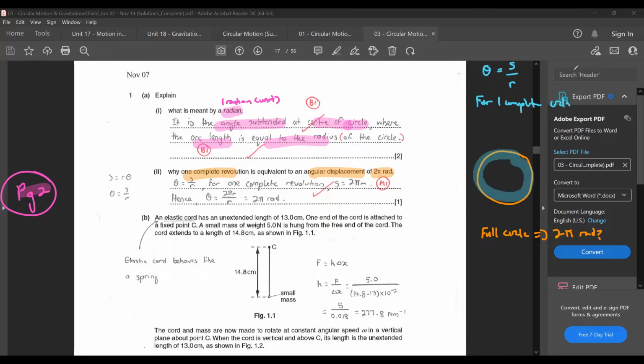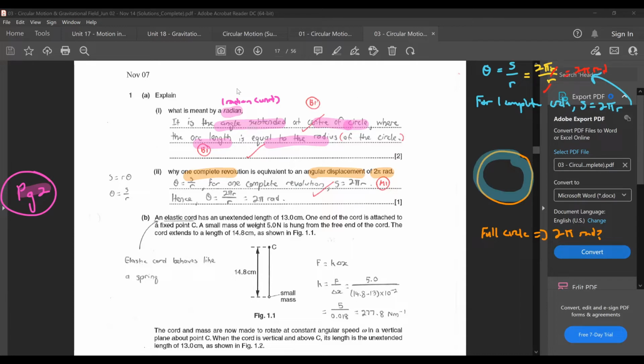Okay, for 1 complete circle, your arc length is actually the circumference of your circle, which is 2 pi r. So you sub it inside the equation that you have for angular displacement or angle in radians. This one will be 2 pi r divided by r. Eventually they cancel off, giving you 2 pi radians itself.